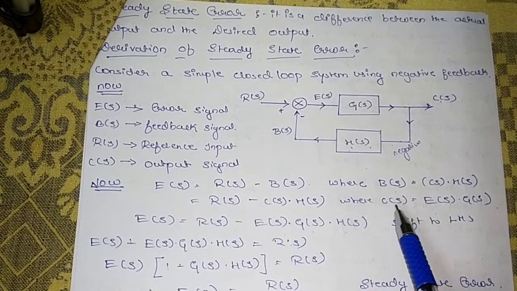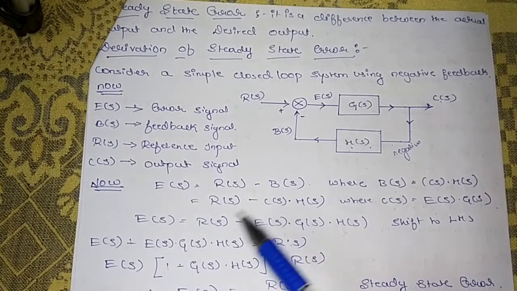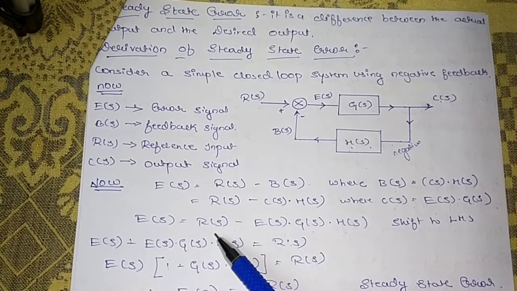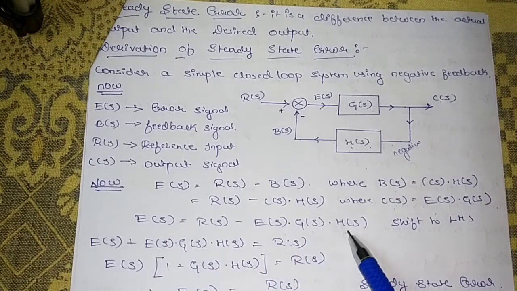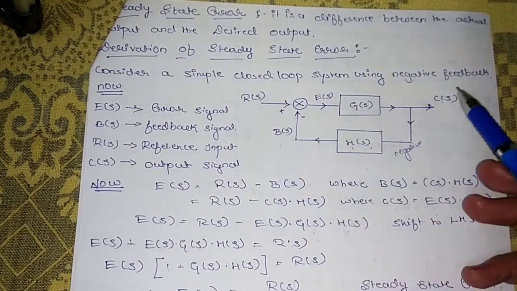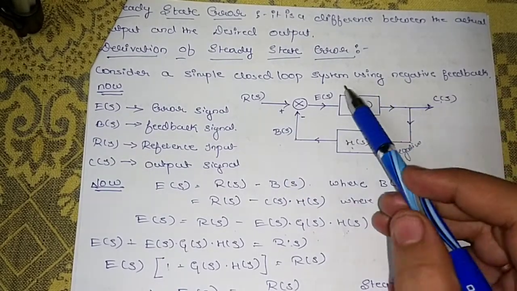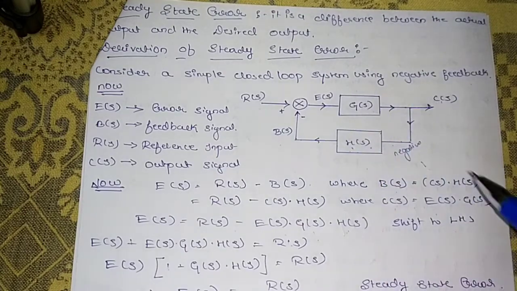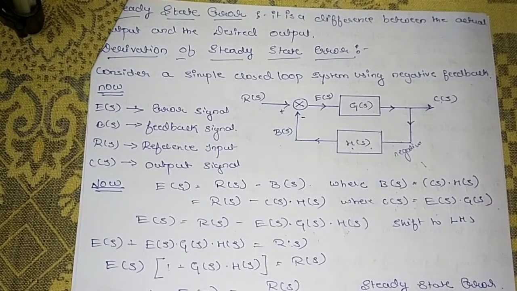I will substitute it here. So E(S) is equal to R(S) minus E(S) into G(S) into H(S). Simple substitution. The main thing you should know is about B(S), C(S), and E(S), the simple block diagram technique rule.